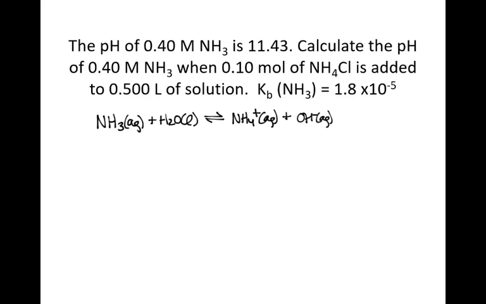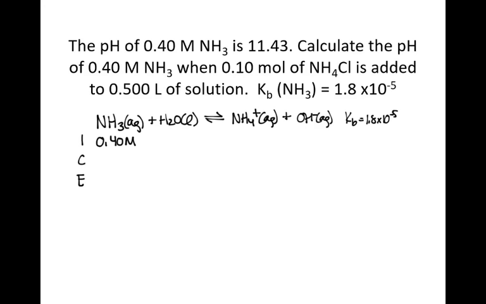Okay, so there's our Kb reaction. We know that Kb equals 1.8 times 10^-5. And so we're using our pattern of a base plus water becomes the conjugate acid and OH-. And so let's think about our initial concentrations. Our initial concentration of NH3 in this scenario is 0.4 molar. Water doesn't matter.